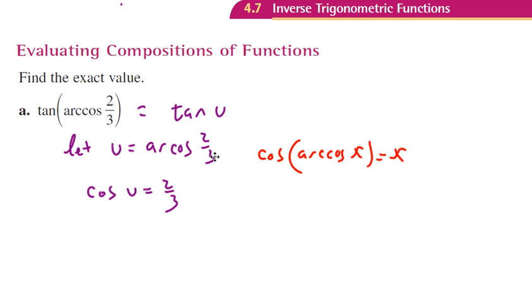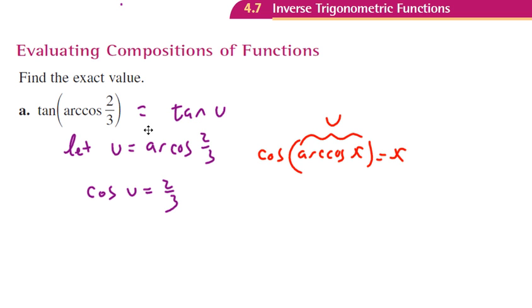And doesn't 2/3 fall within -1 to 1? Yes. So if I take the cosine of u, it's just going to be 2/3, because cosine and arc cosine cancel out since they're inverses, and I just have x.